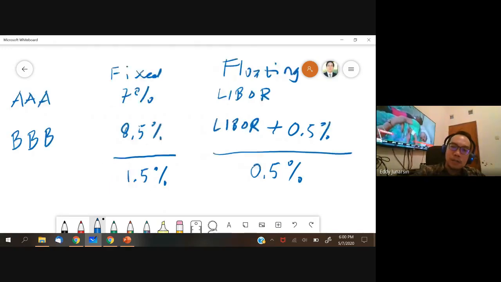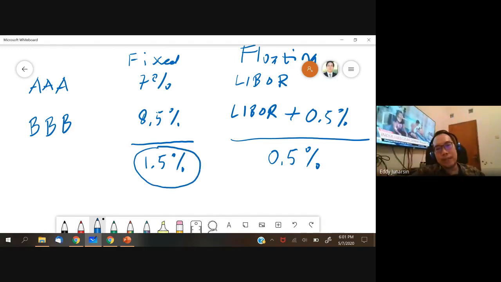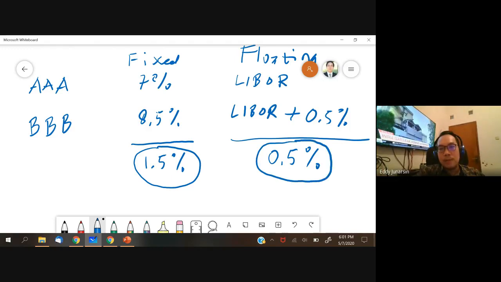So you see, for both types of debts, the triple A firm is better off. But the better off position is much higher at the fixed rate debt. And on the other hand, the worst off position of the triple B firm is minimum at the floating rate debt.